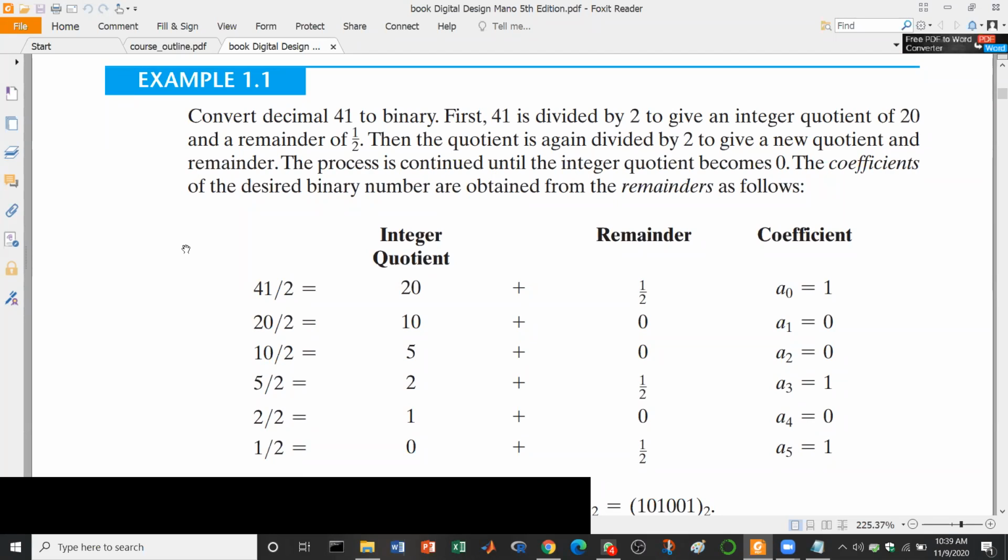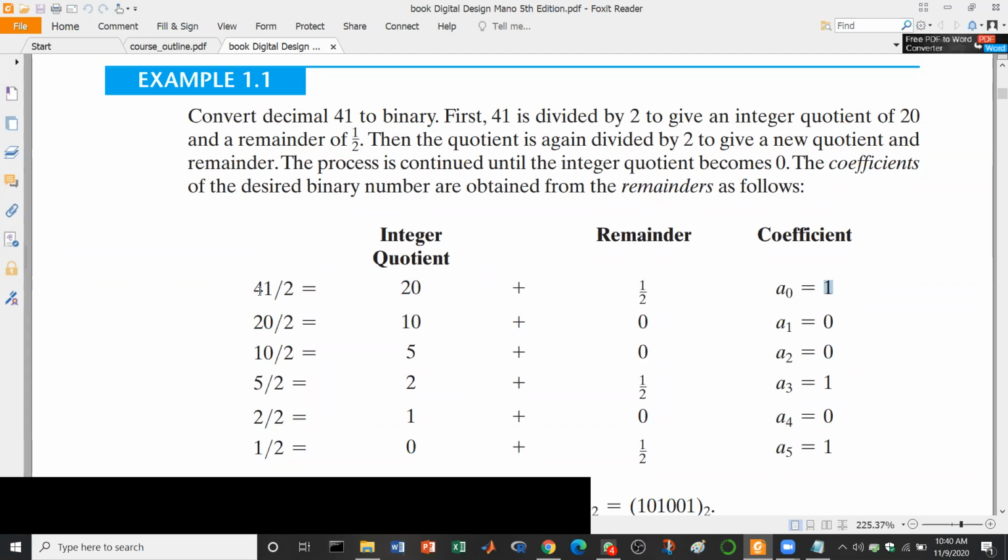So, convert the decimal number 41 to binary. The method is very simple. When we divide 41 by 2, we get a remainder of 1. If we divide by 2, we get 20, and the 0.5 left over. So with this 1 over 2, we write 1 here.